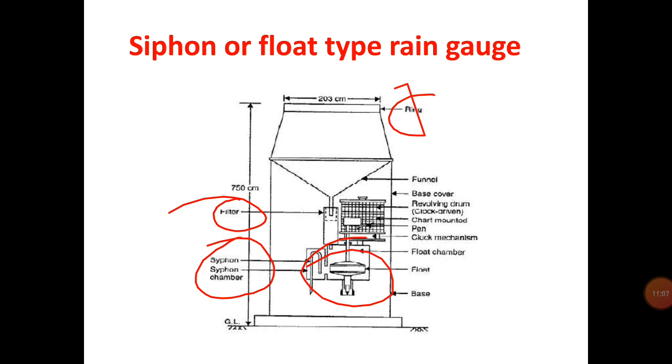When the water level rises above the crest of the siphon, the accumulated water in the container is drained off by siphonic action. The rain gauge is then ready to receive new rainfall. So this is the working procedure of the siphon type of rain gauge.